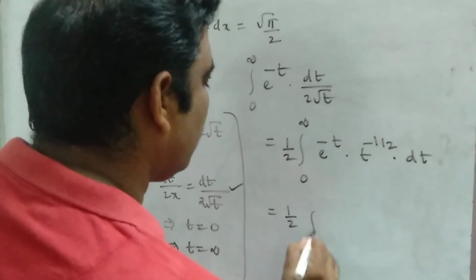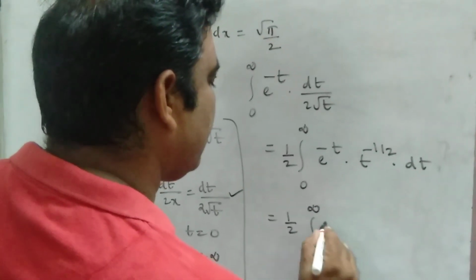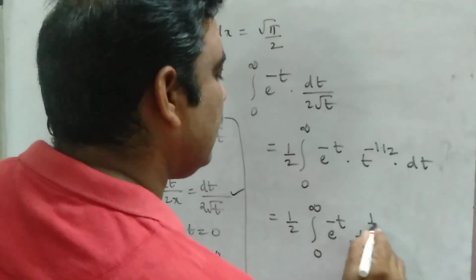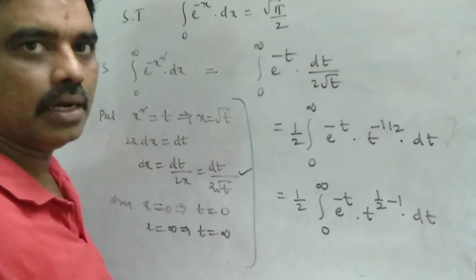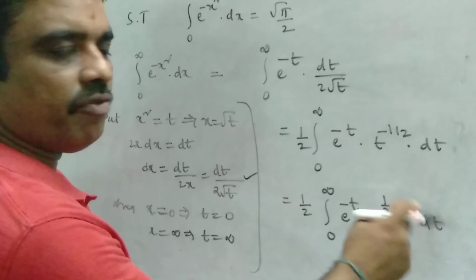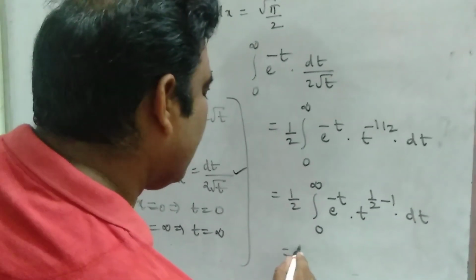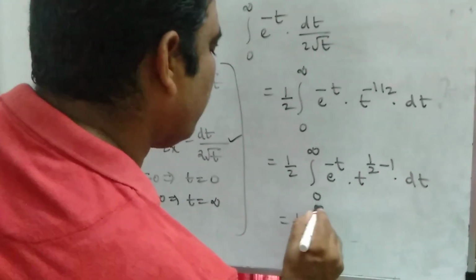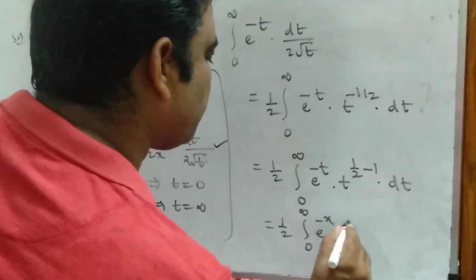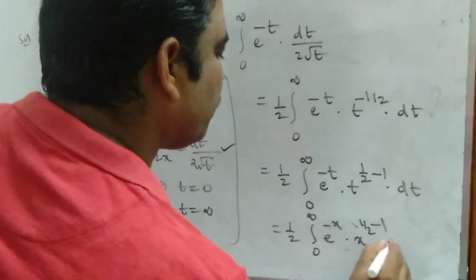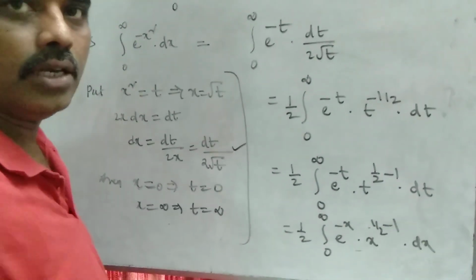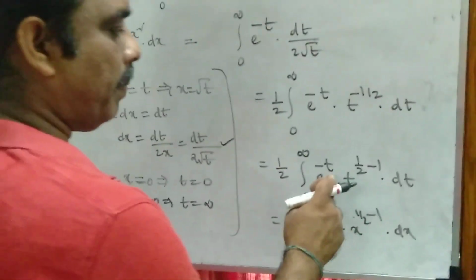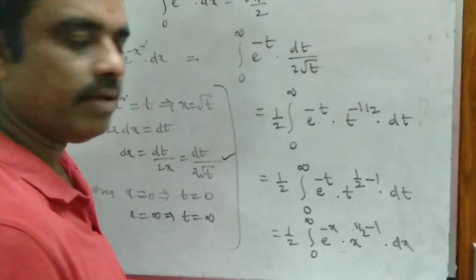This is half into integral 0 to infinity e power minus t, t power half minus 1 dt. When the limits are constant, you can use any variable, so I am replacing t by x, with nothing changing in the value.